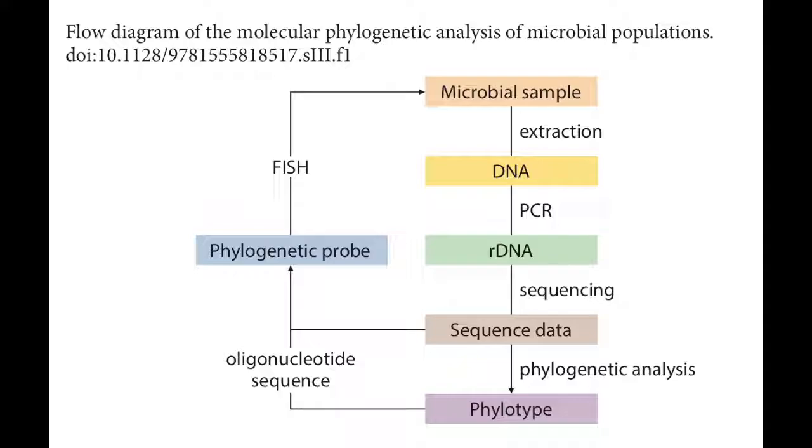Now, the problem very often is that once you get sequence data, how do you prove that it has anything to do with your original sample? The common way to do this is to take your sequences, or collections of those sequences, and design oligonucleotide probes that are complementary to a variable part of the ribosomal RNA.